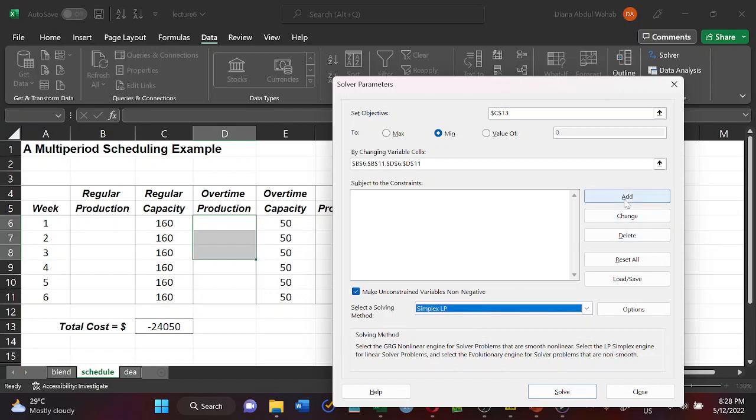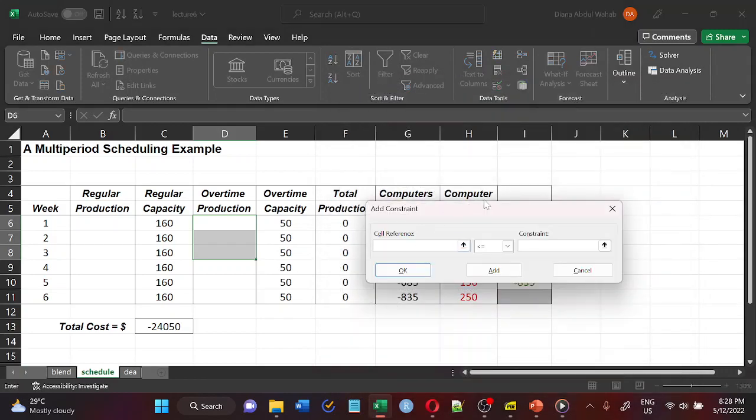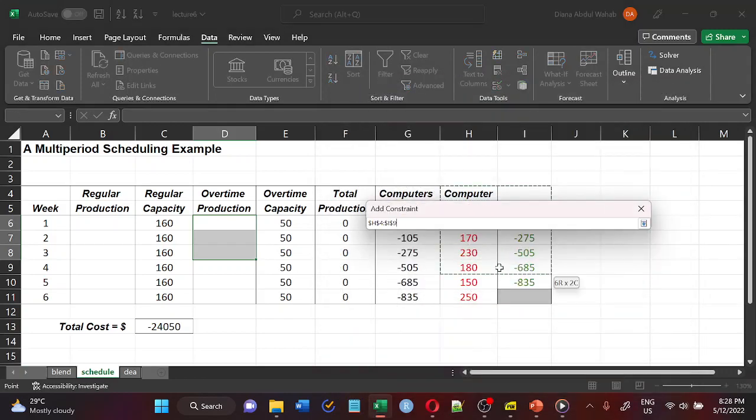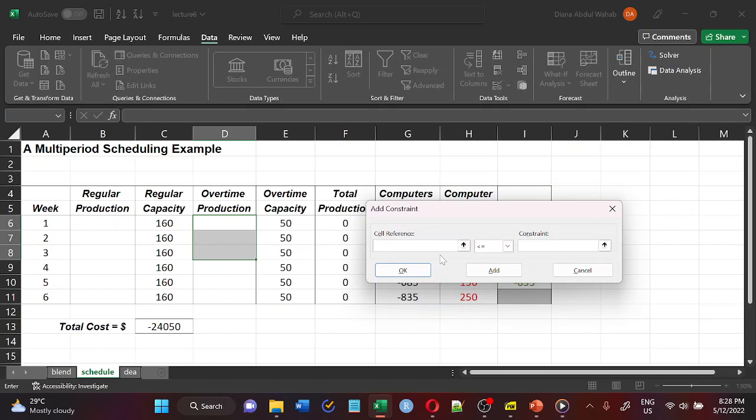What are the constraints? The first one is whatever the regular production is must be less than or equal to 160, because we cannot produce more than 160 under regular production.